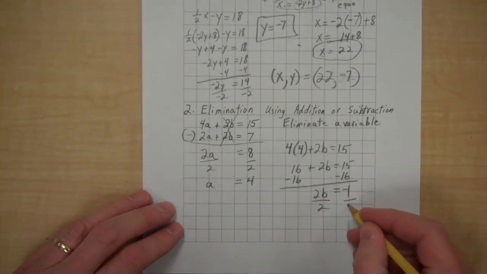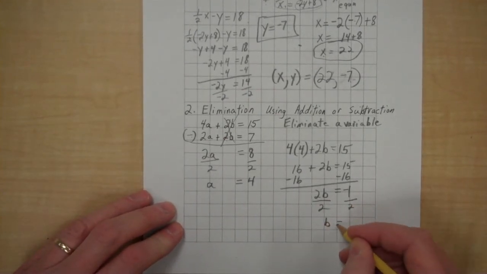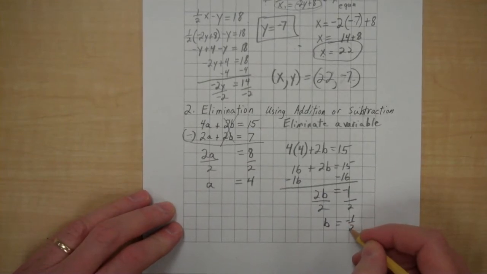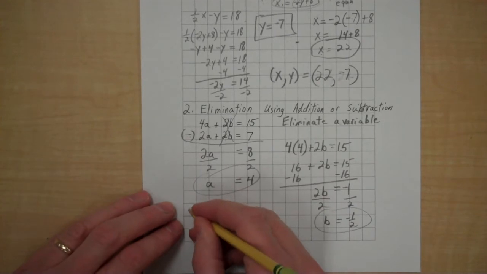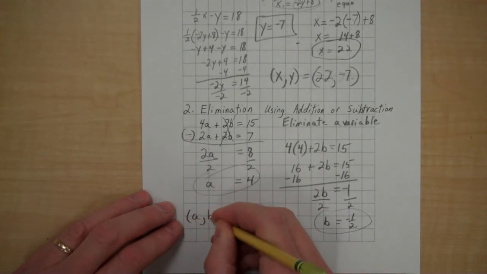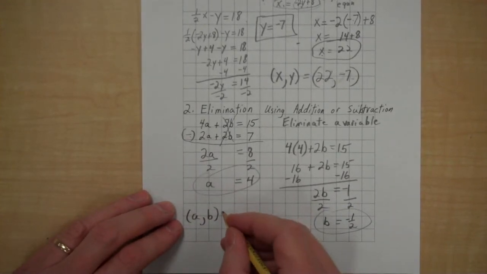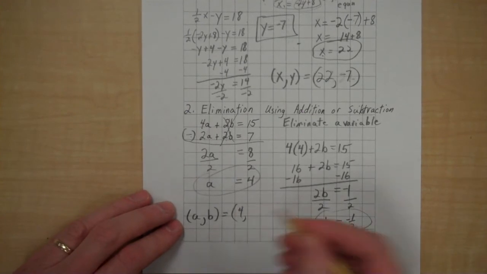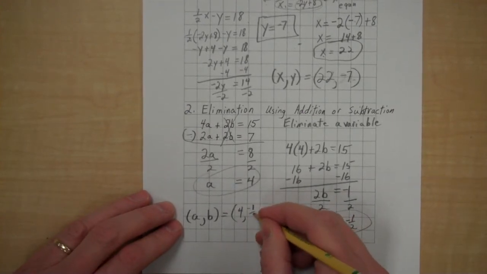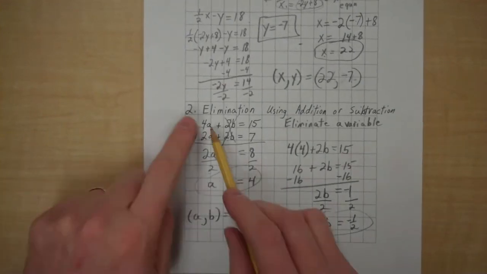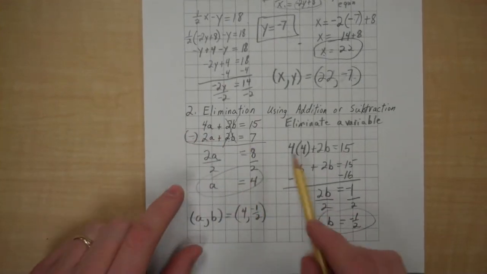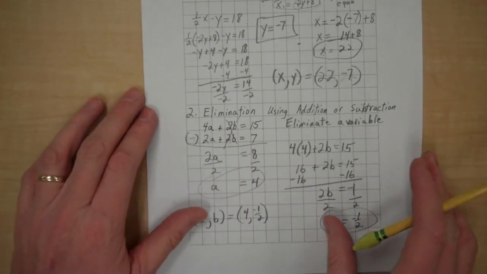Divide by 2. And I'm getting b equals negative 1/2. Alright, again, check my work. See if a is actually equal to 4 and b equal to negative 1/2 in the original equation.